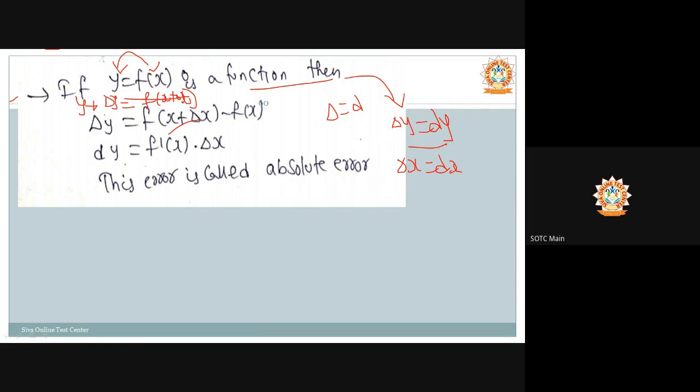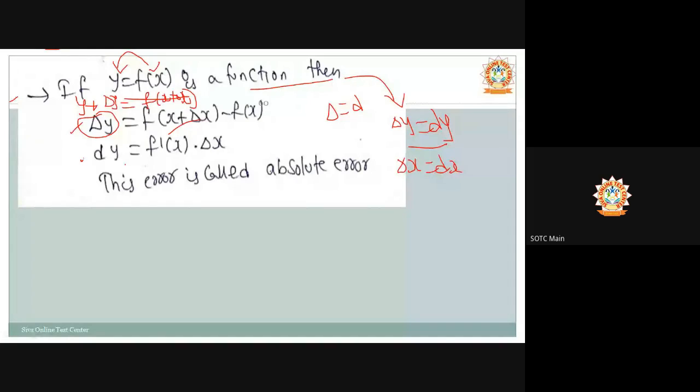So what we are finally concluding here is that delta y, the change in the final quantity, is equal to the final parameter minus the original parameter, that is f of x plus delta x minus f of x, right? So that is your change in y.